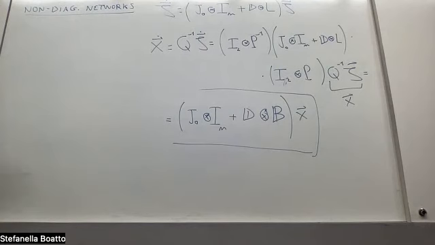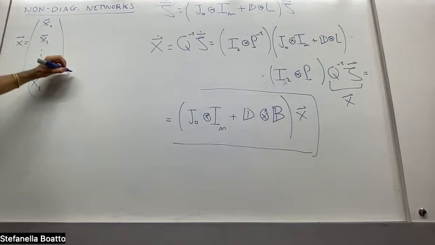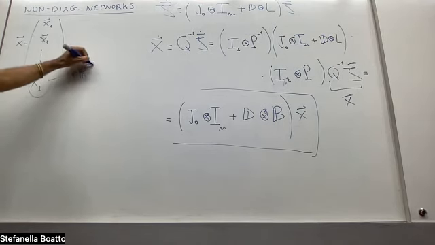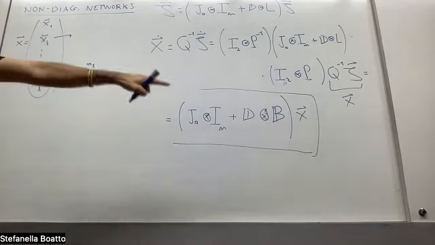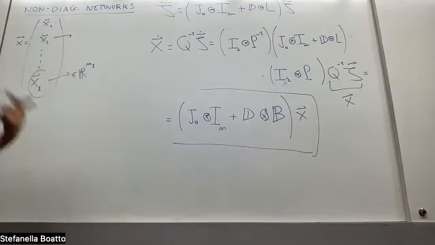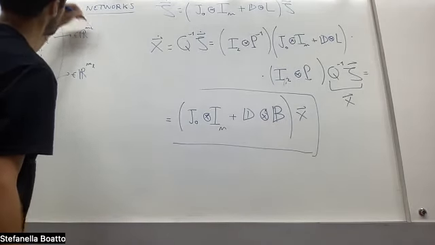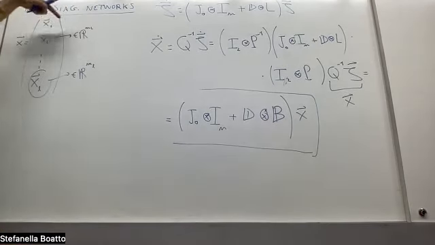And so now we can rewrite the x as a column vector, x1, x2, xl, where each x has dimension m1, m2, which are the dimensions of the Jordan blocks associated to that eigenvalue.